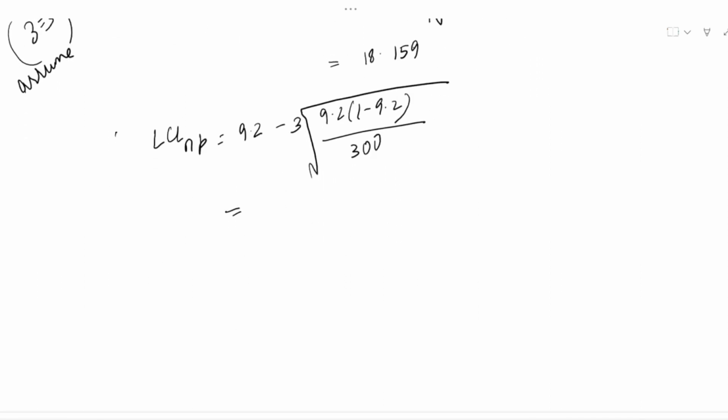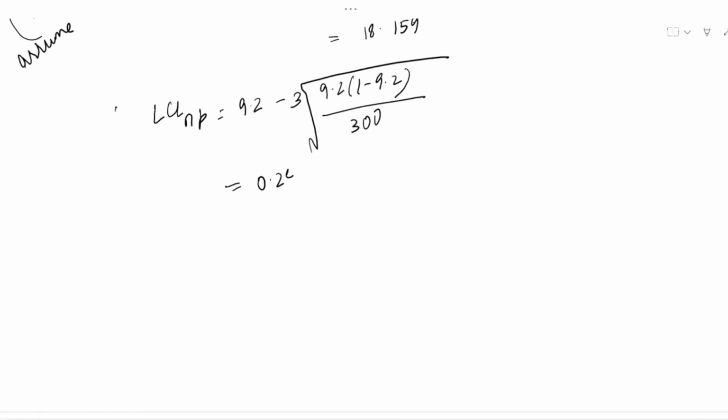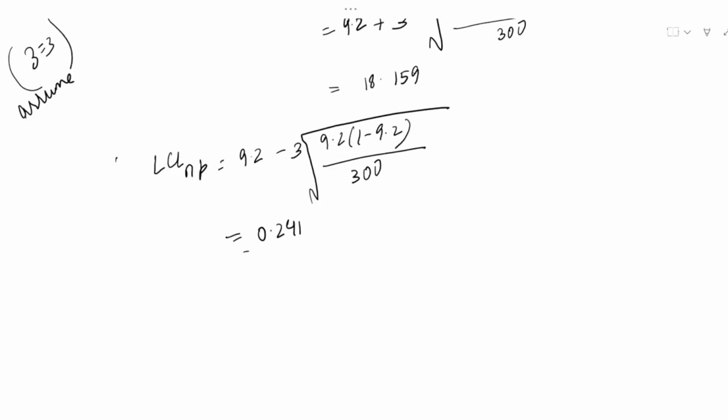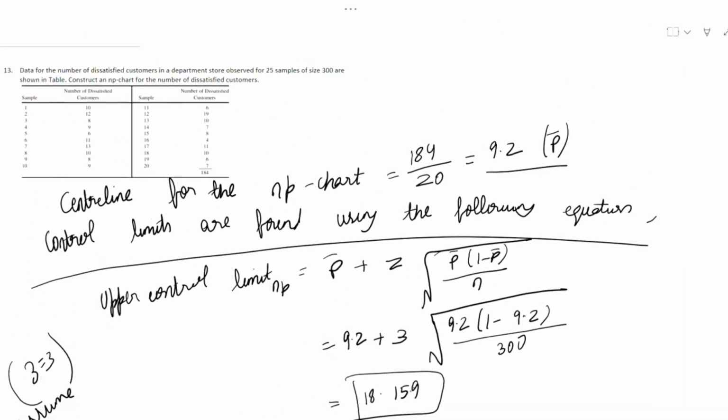This will be 0.241. Now we will plot this NP chart the same way we did the plotting in the previous chart. We know the upper control limit, we know the lower control limit, we know the center line.